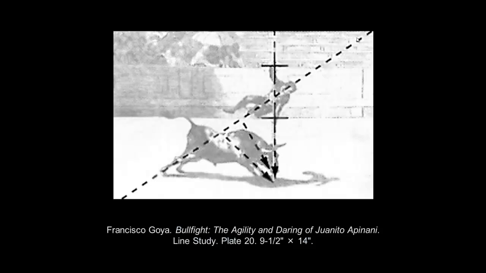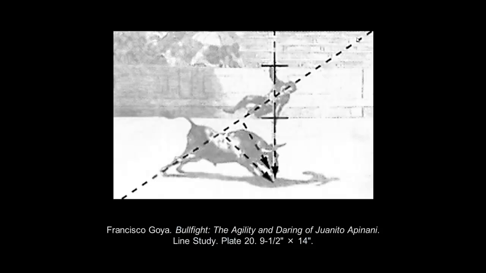There are a few more breakdowns in your textbook, but as you can see, we have a lot of directional forces pulling us down to the right-hand side, even though there's a lot going on in the composition on the left-hand side. The bull's head, nose, and front hooves are all pointing down to this point on the right side of the painting, and the stick that the bullfighter is balancing on is pointing down to that same spot, as well as the bullfighter's glance.